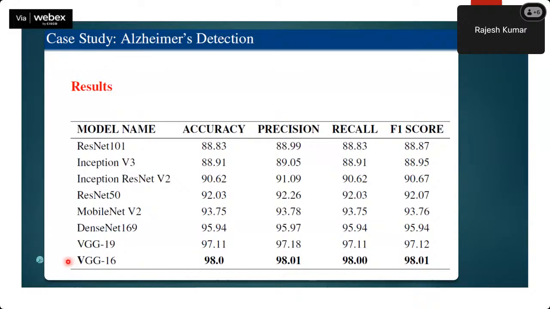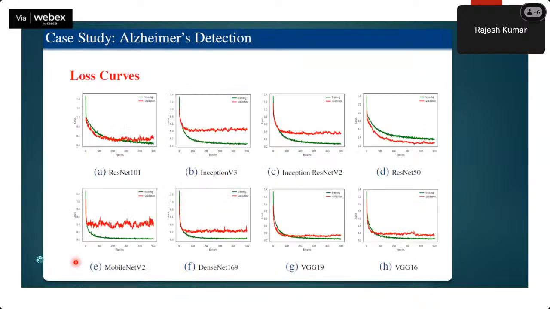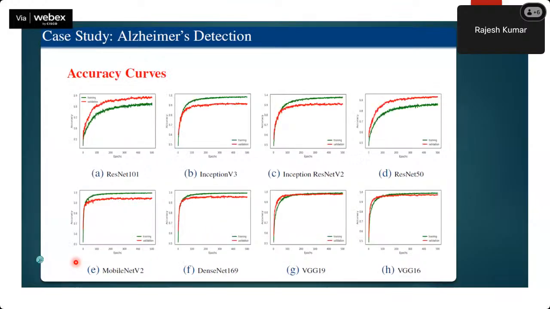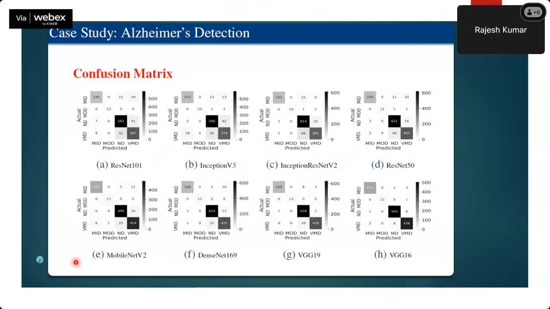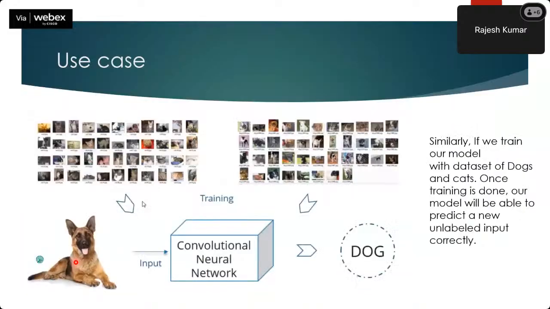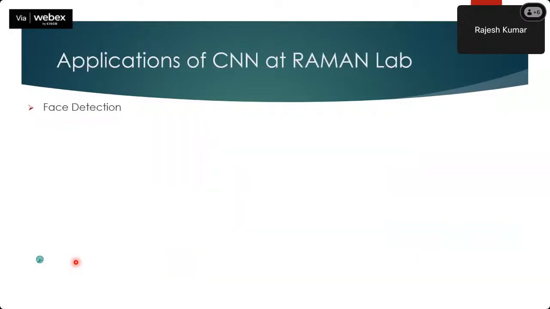We have to apply some other approaches to figure out why VGG16 performs better than the rest. But in this experiment, we checked it. We have these loss curves, accuracy curves and the confusion matrix, which justify that yes, VGG16 is performing better than the rest. Okay, so you can use it.